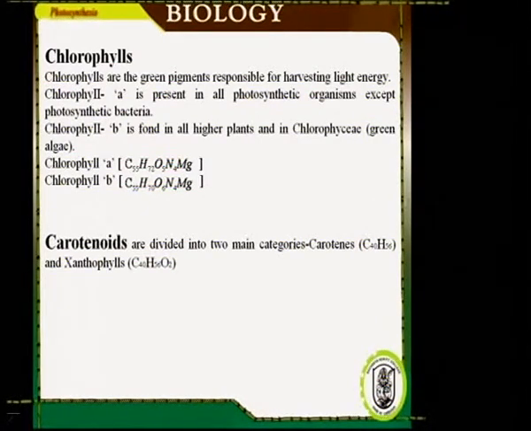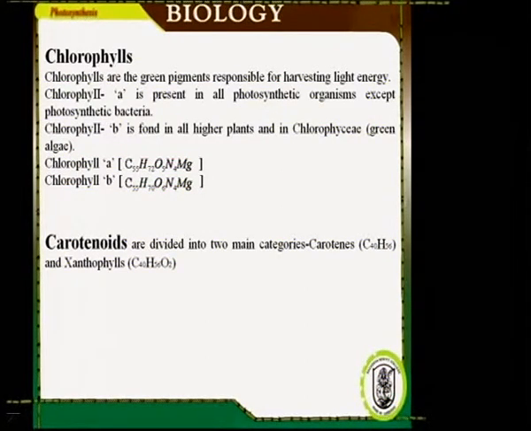Besides chlorophyll, you have a necessary pigment which you refer to as carotenoids, and these carotenoids are divided into two categories: the carotenes, which are made up of hydrocarbons, and xanthophylls, which besides carbon and hydrogen have oxygen.